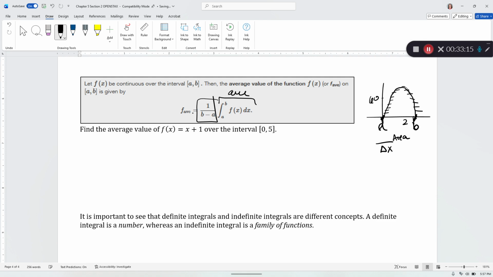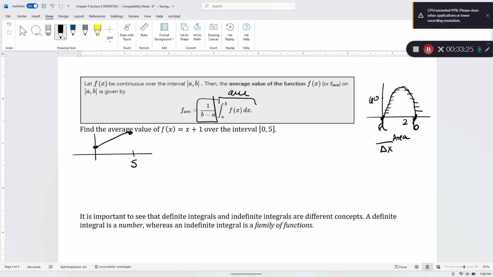Okay, so if I take this, you see that from 0 to 5, 0 produces a 1, and 5 produces a 6. So it gives us a trapezoid shape here. So I want to find the average value of f. We could do this 2 different ways.